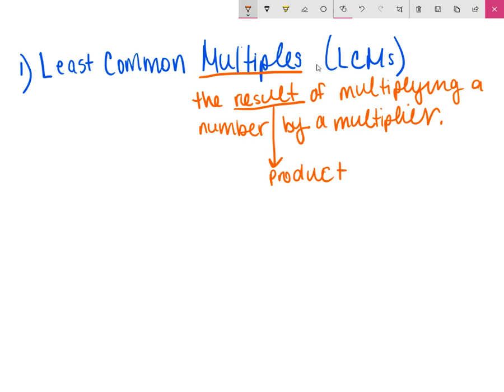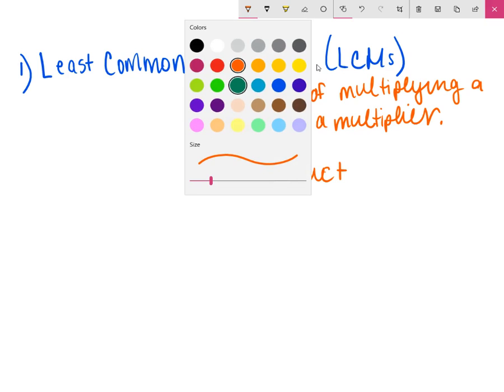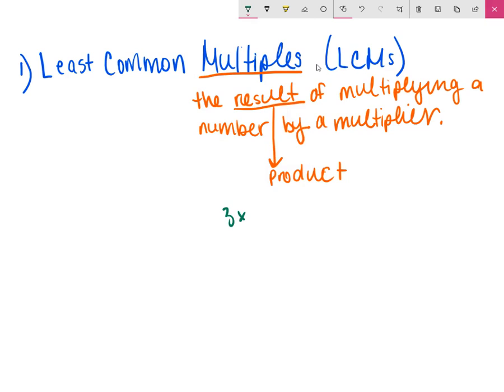So let's say we have 3 times 5. What's 3 times 5? That's 15. 3 is the number and 5 is the multiplier. They also can both be multipliers because they're being multiplied to each other.